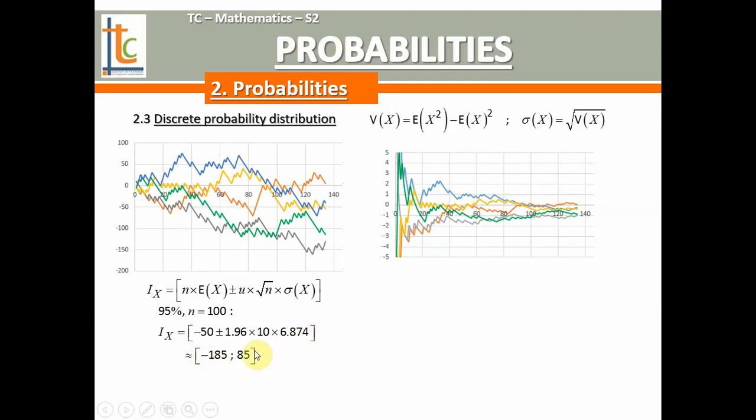So, what is the 6.874? This is sigma of x. What is that? It's a number of euros. It's a standard deviation, so it's an average deviation or average variation of your gain from one attempt to the other.